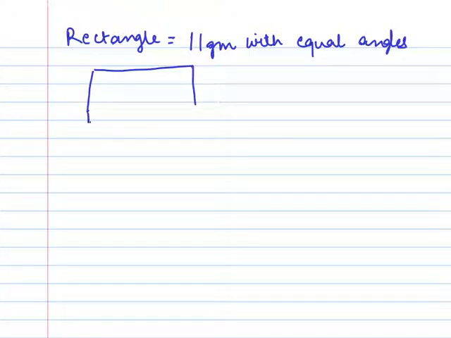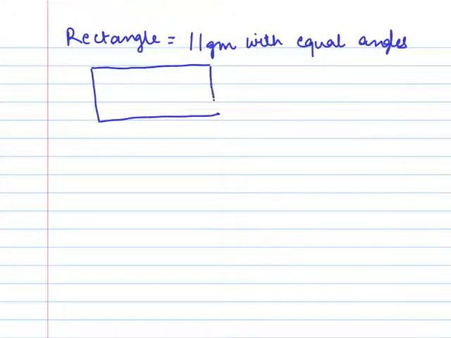So again, because it is a parallelogram, we will draw it like this. That doesn't look nice. We will redraw it again nicely. Okay. Now, because it is a parallelogram, the two opposite sides are equal, as well as parallel to each other. The diagonals bisect each other.